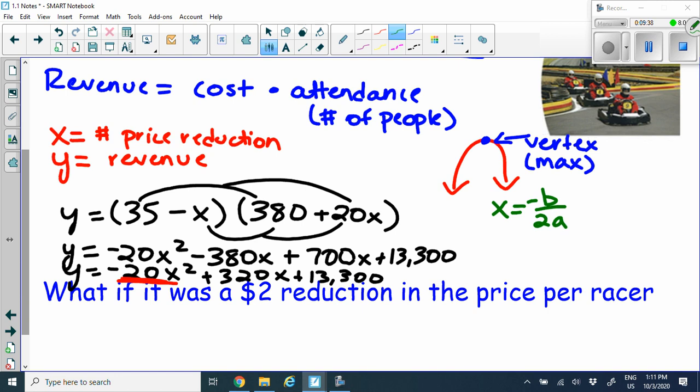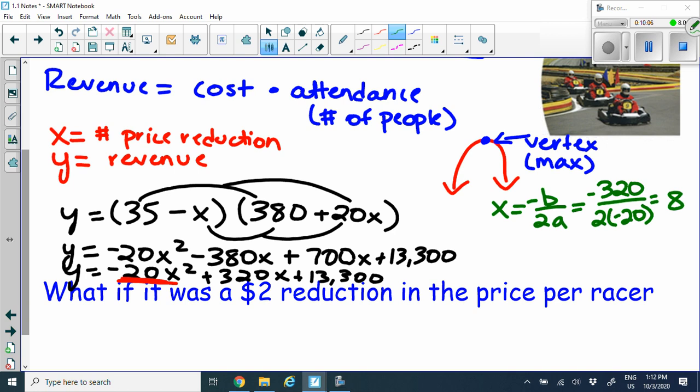So our A value is going to be negative 20. Our B is going to be 320. So I have negative 320 over 2 times negative 20. You can go ahead and plug that into your calculator if you need to. And when we do so, we have negative 320 divided by negative 40, and that gives us 8, okay?